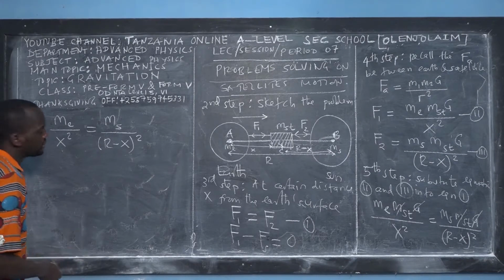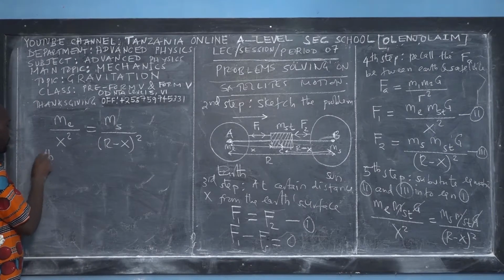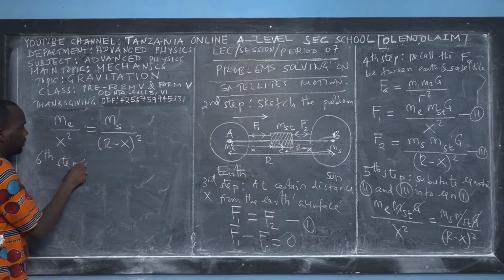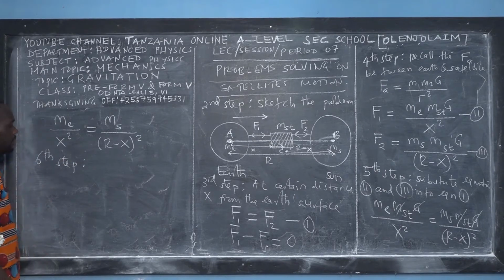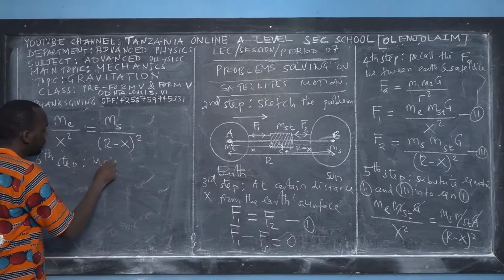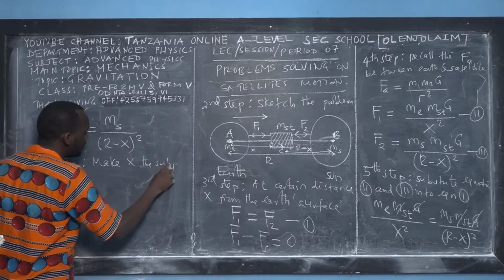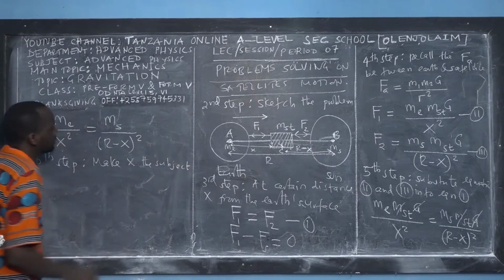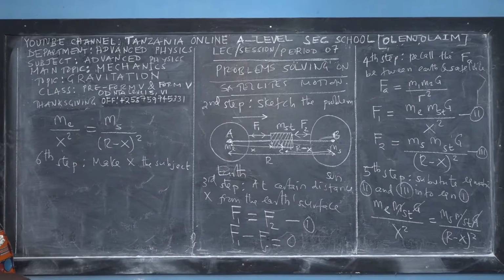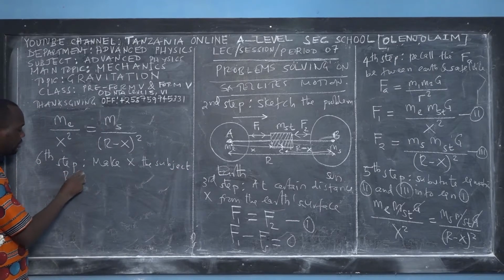So we have to go for the sixth step. The sixth step, we say that we have to make x the subject. So you have to make x in this equation the subject. How will we achieve that?